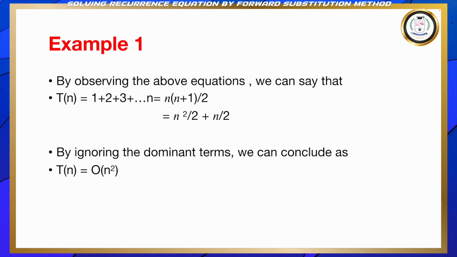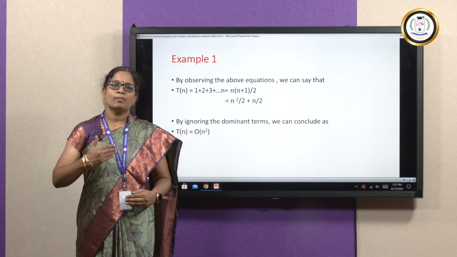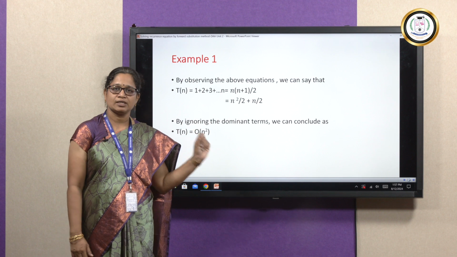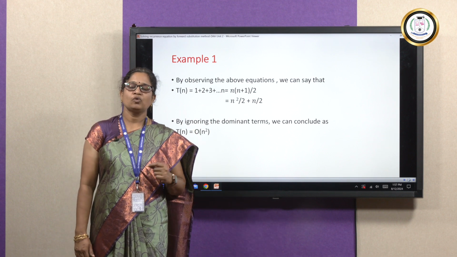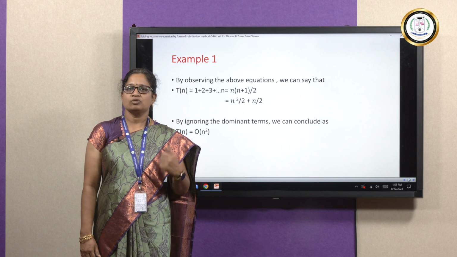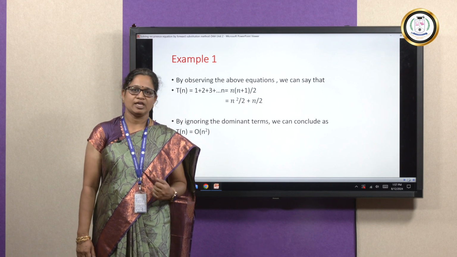When we multiply inside, we get n²/2 + n/2. By ignoring the non-dominant terms, we get only the n² term. Therefore we conclude T(n) = O(n²). This is the time complexity of the given equation.